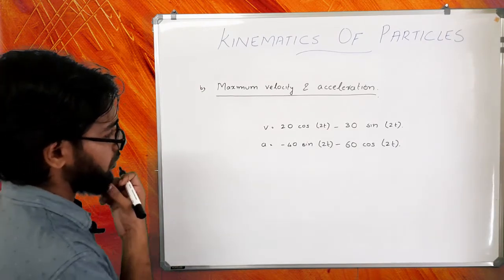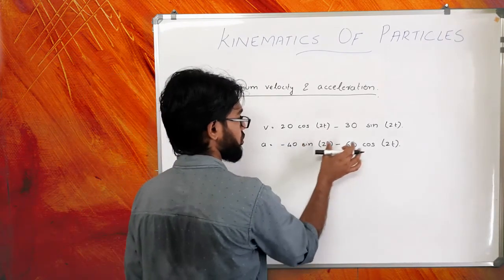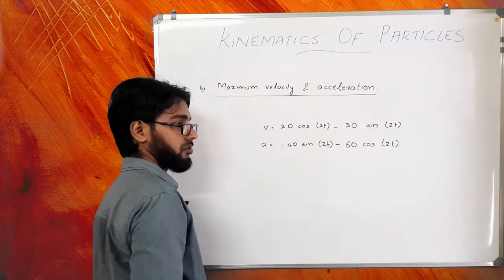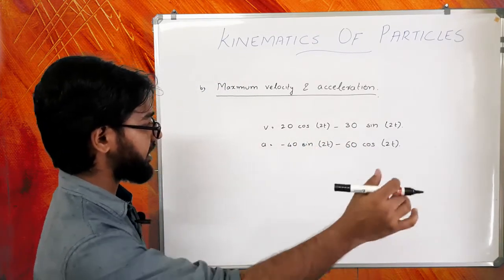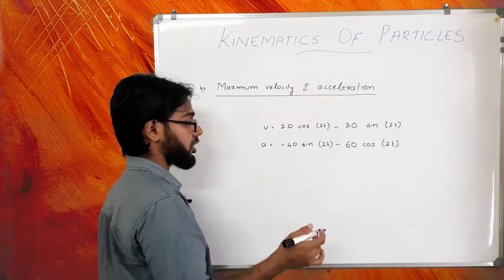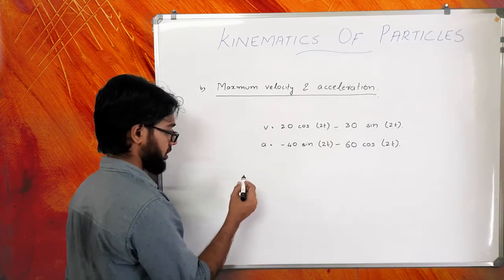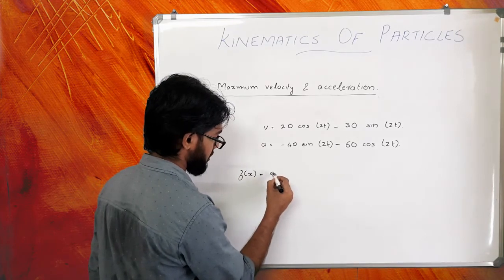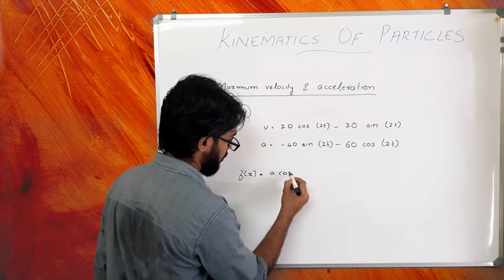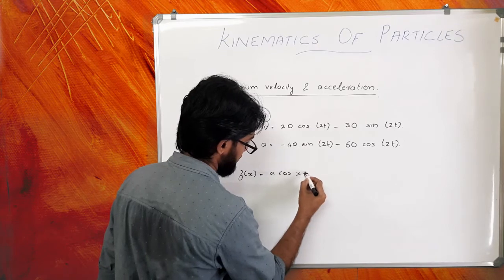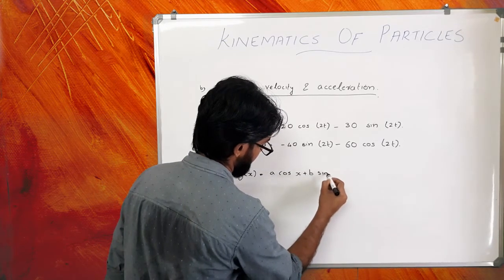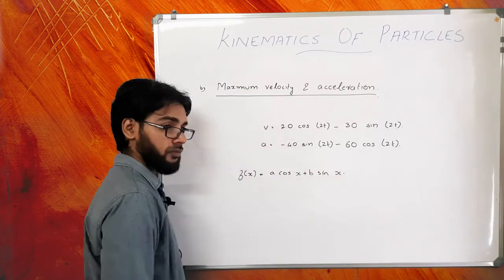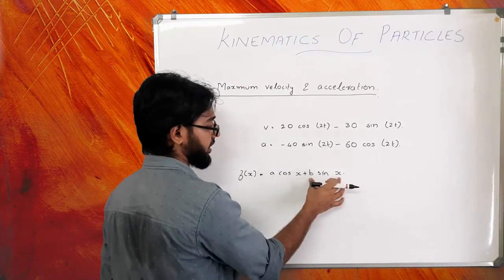Now, if you look at this, we can say that both corresponding functions are of the form, say, f of x equals a cos x plus b sin x.